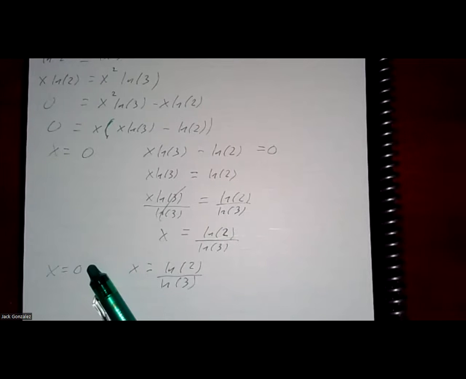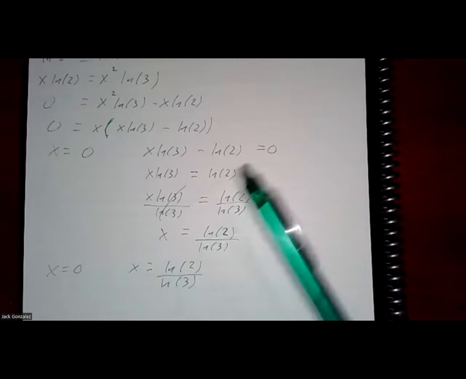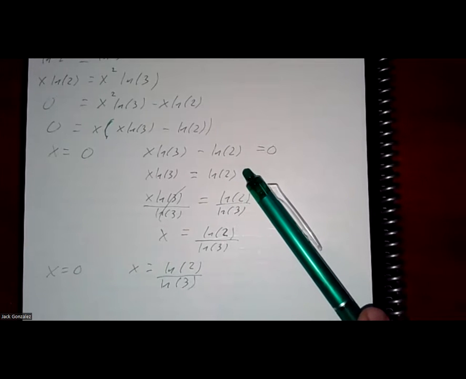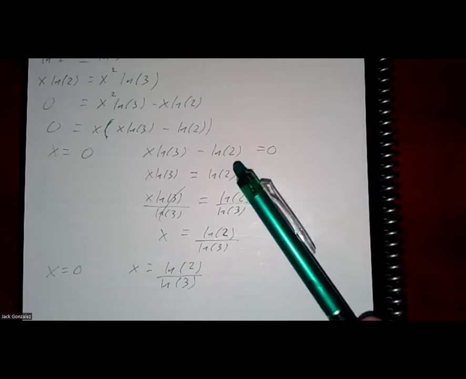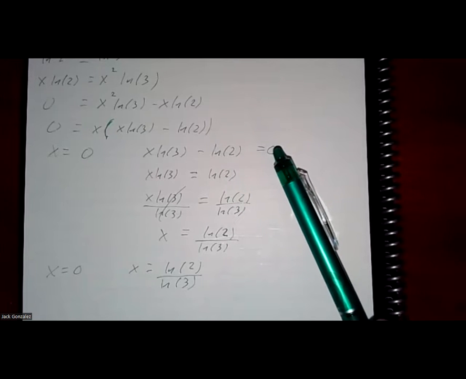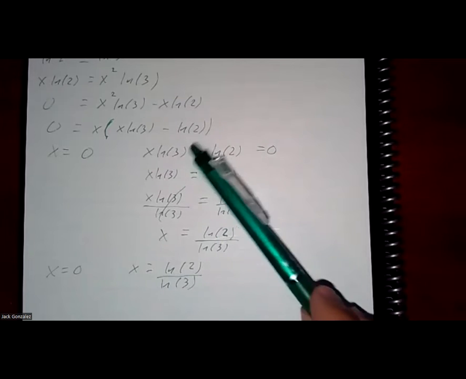I guess we have to pass it to the other side because it's equal to 0. You mean on this part? Yeah, we cannot do the quotient rule because it says equal to 0 first. Well, you can't do the quotient rule.